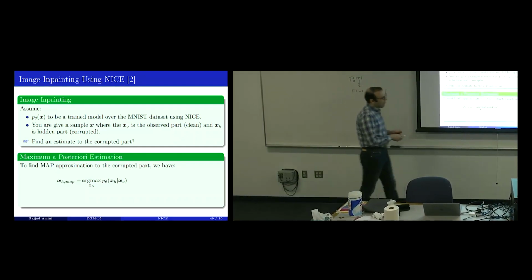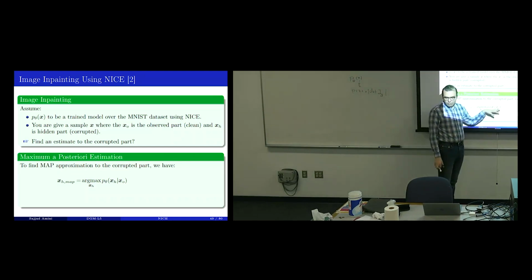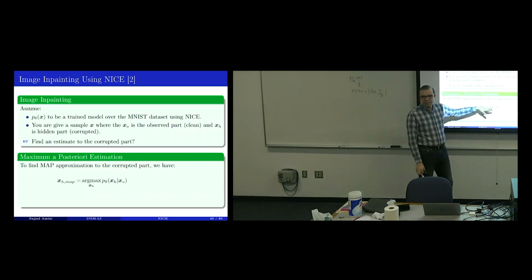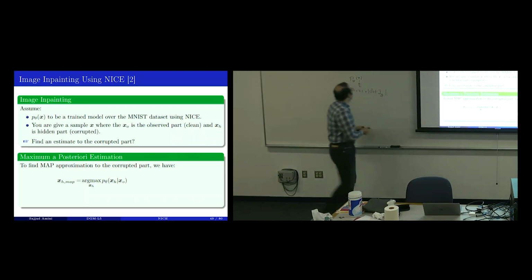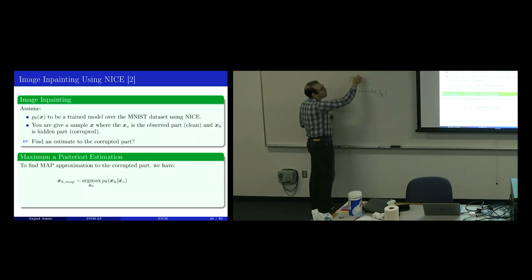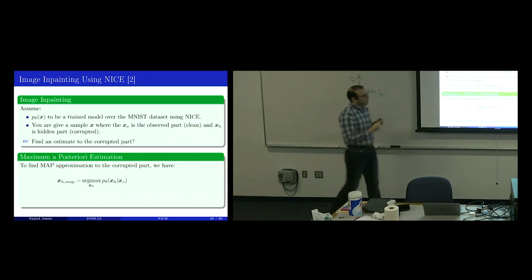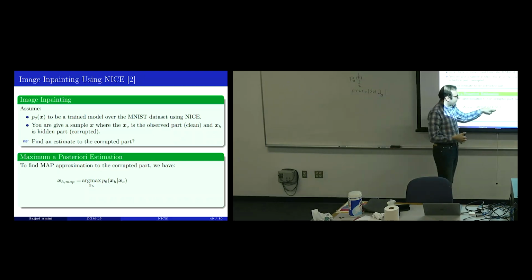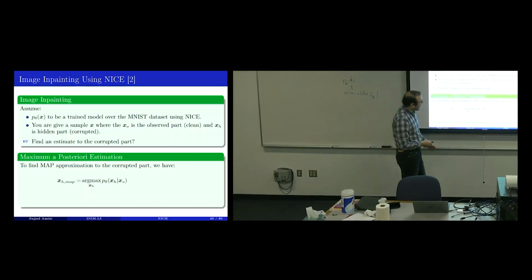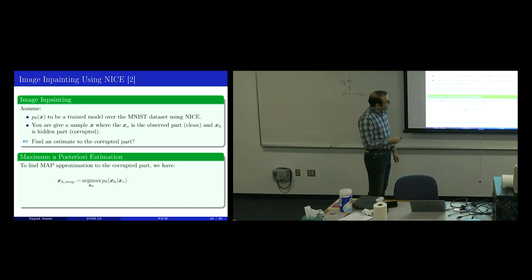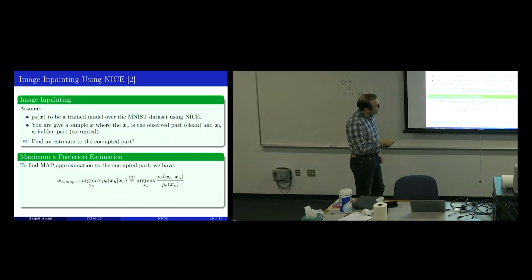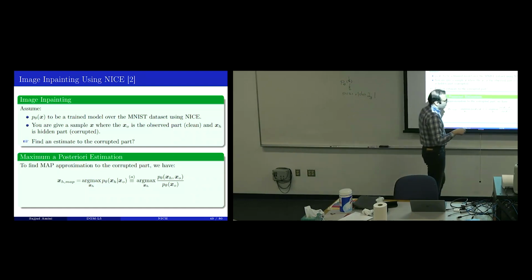We know that we do not have access to this conditional distribution. We have just access to this distribution over the complete data. So you cannot calculate this term directly. But based on the Bayes rule, you can rewrite this conditional distribution as this ratio: the joint over the probability of what we observed.